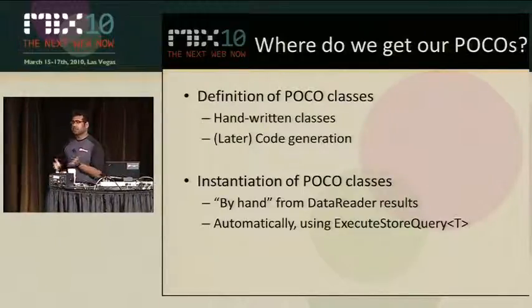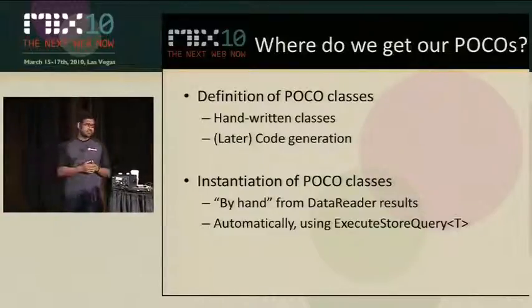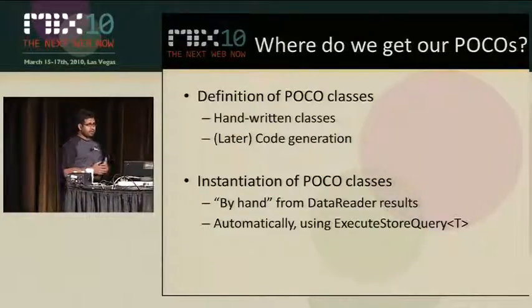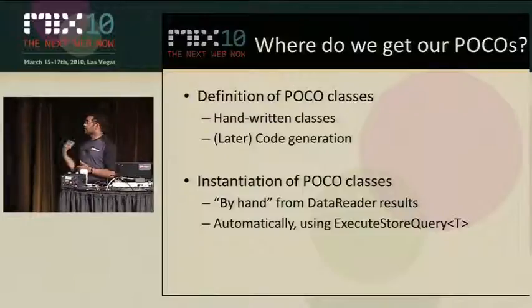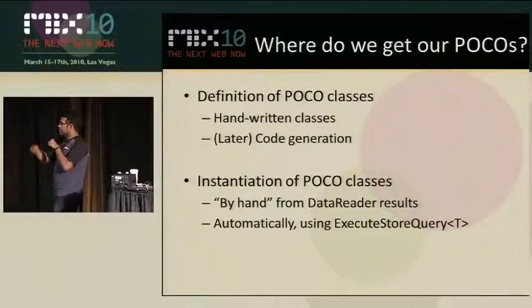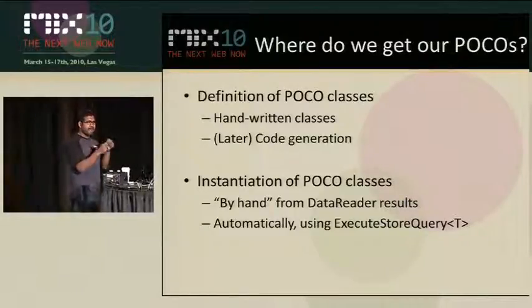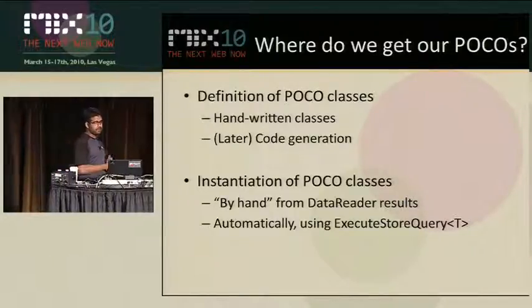The second question is, OK, once I've defined those POCO classes, who actually creates instances of them? And again, there's two options there. The first is, given the data reader, that same piece of code that we did before where we executed the command and then looped over the results, we can instantiate these POCO classes by hand inside that data reader loop.